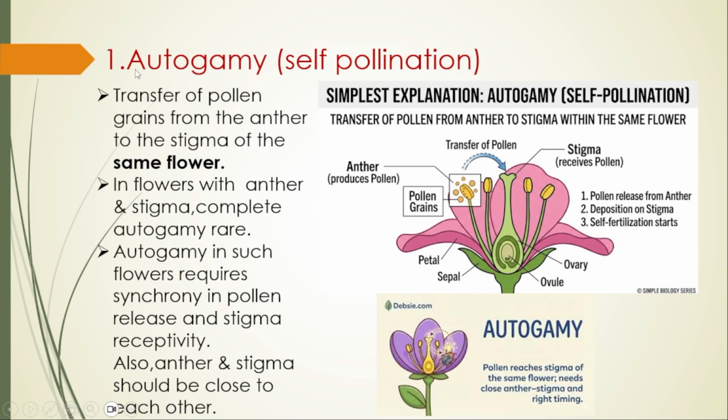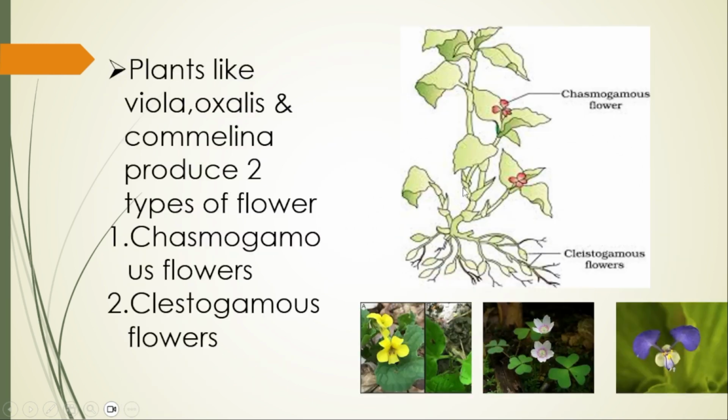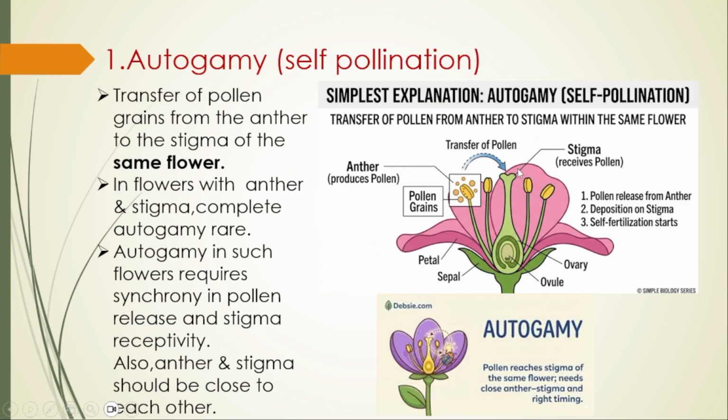Autogamy. Auto means self. Transfer of pollen grain from the anther to the stigma of the same flower. Same flower is important here. See, this is the anther and this is the stigma and this is one flower. If the pollen grain is transferring from this to this stigma, then that is said to be what? Self-pollination, or autogamy.